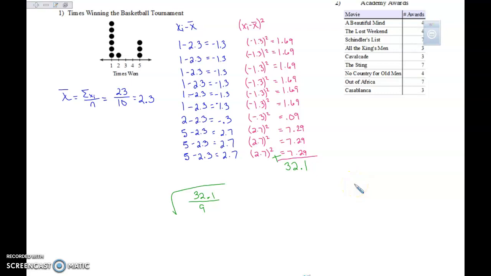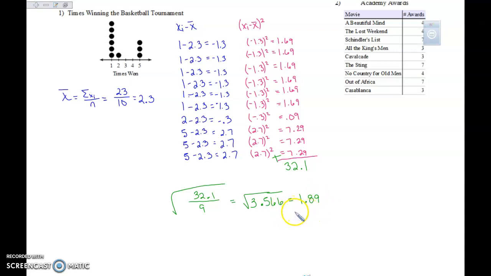So 32.1 divided by 9 is 3.566, we'll say. And then if you take the square root of that, that will give you your standard deviation. So the square root of that answer, and you get 1.89. So that's what we're going to use, 1.89.